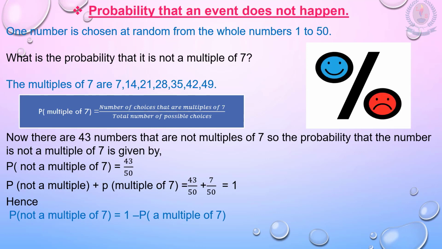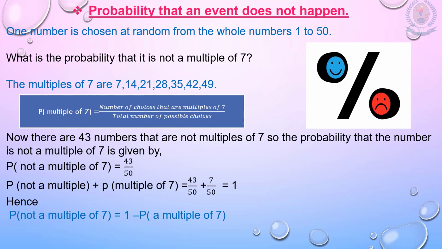So here you can see the multiples of 7 between 1 and 50: 7, 14, 21, 28, 35, 42, 49. So the probability of a multiple of 7 is equal to the number of choices that are multiples of 7 over the total number of possible choices.